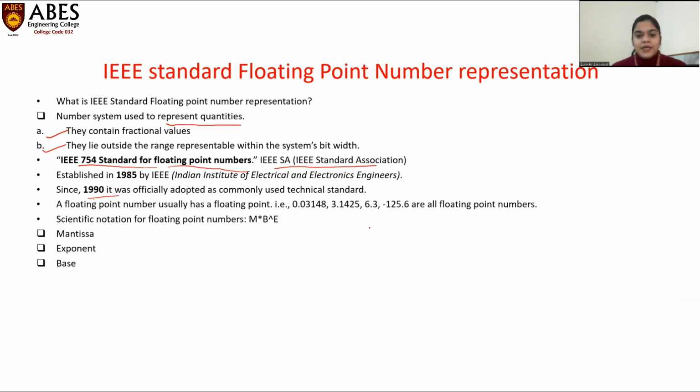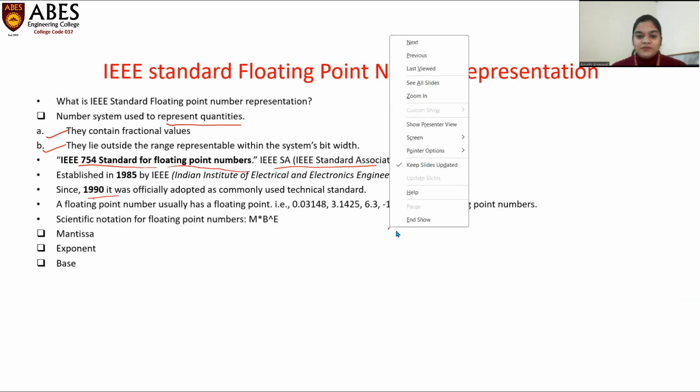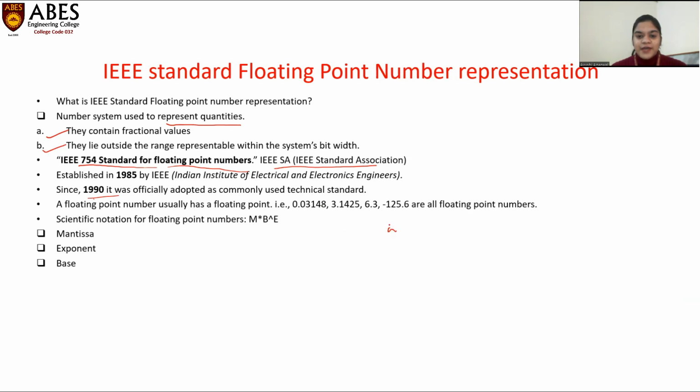When we have fraction values, for example, if I have 2 by 100 as my fraction value, and I want to represent it by its nearest value, I will obviously convert it into its decimal form, which will be 0.02.